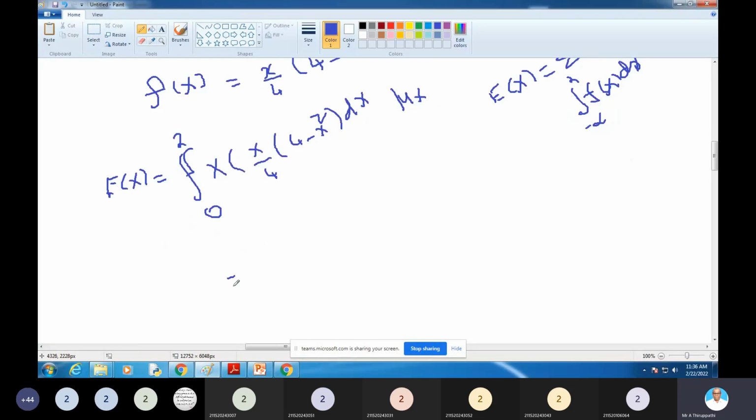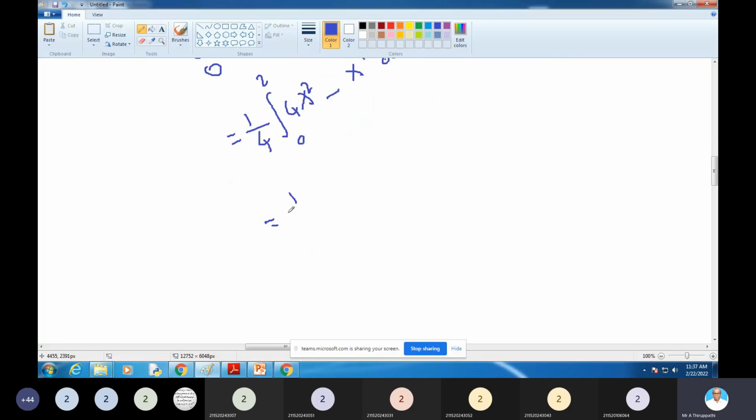Taking 1 by 4 outside because it is a constant, the integral over 0 to 2 of x into x, which is x square, into 4, that is 4x square minus x square into x square, x to the power 4, into dx.